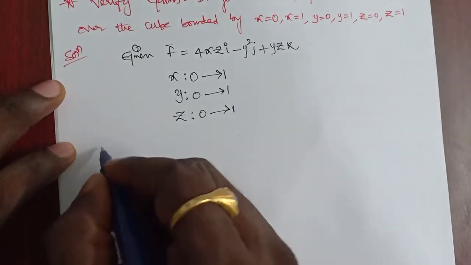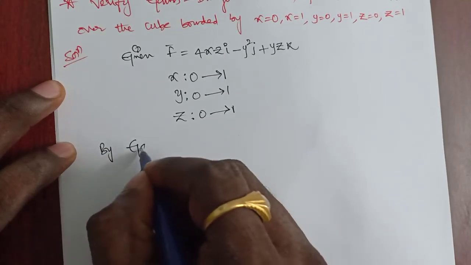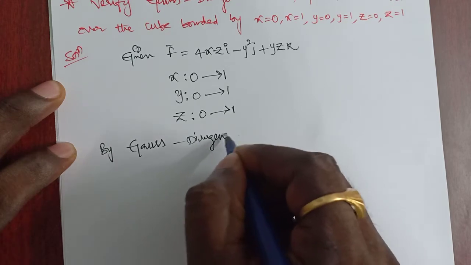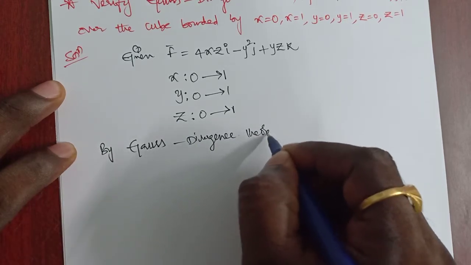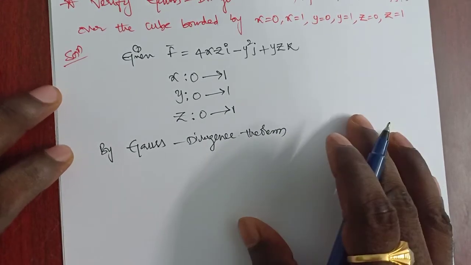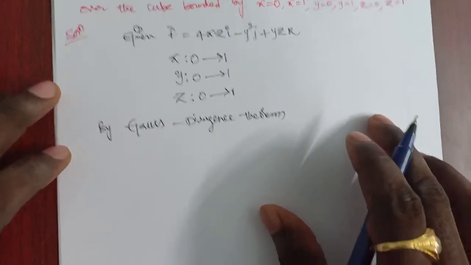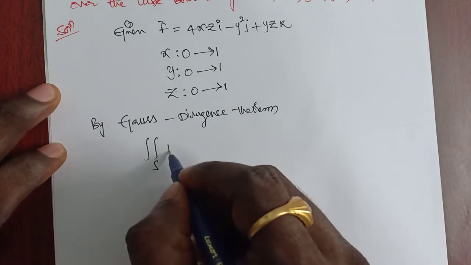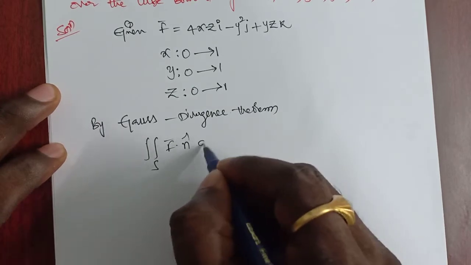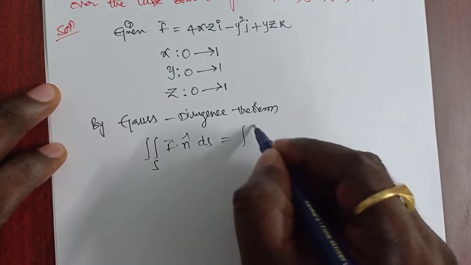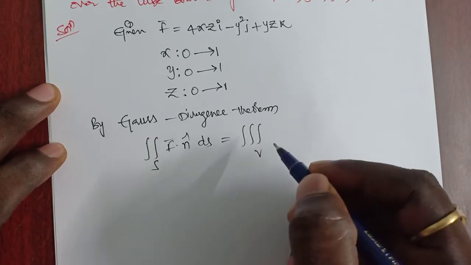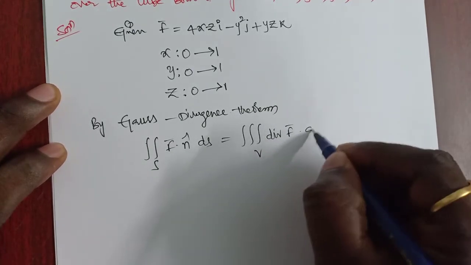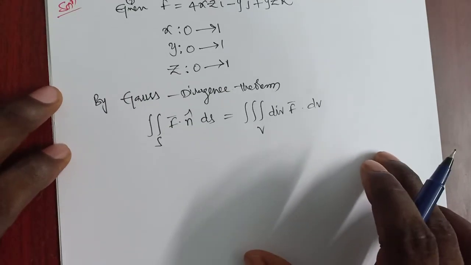Now, by Gauss Divergence Theorem, we have a relation between surface integral and volume integral. That is, the double integral over the surface S of f bar dot n cap ds equals the triple integral over the volume V of divergence of f bar dv.